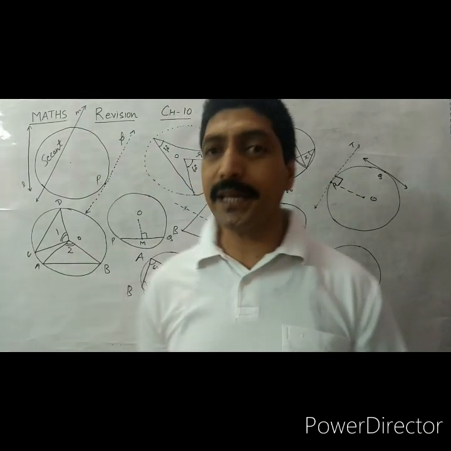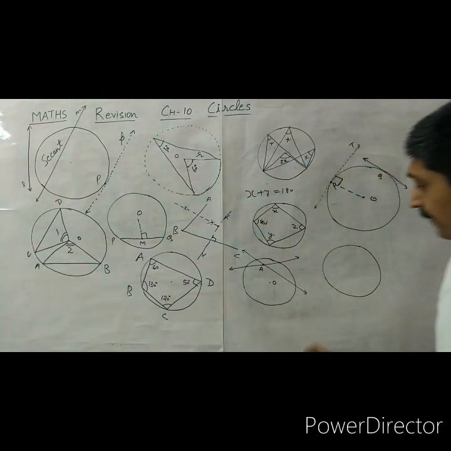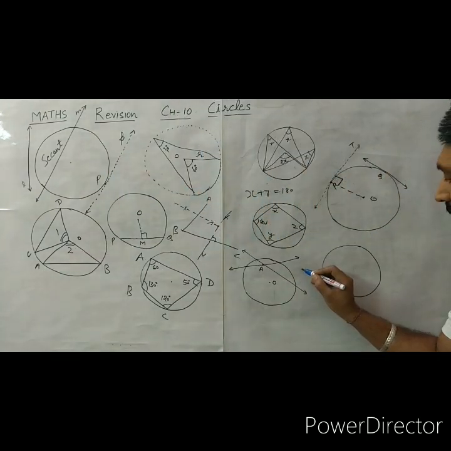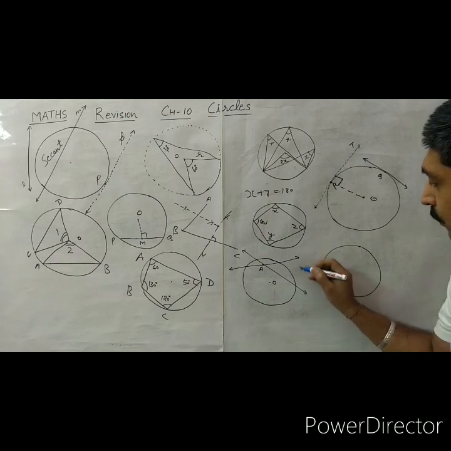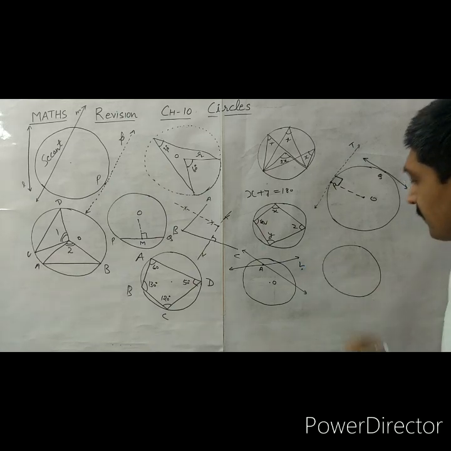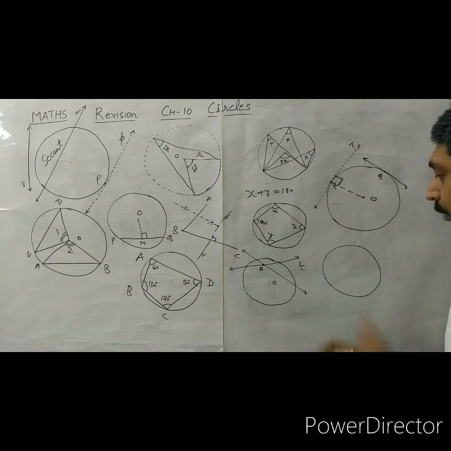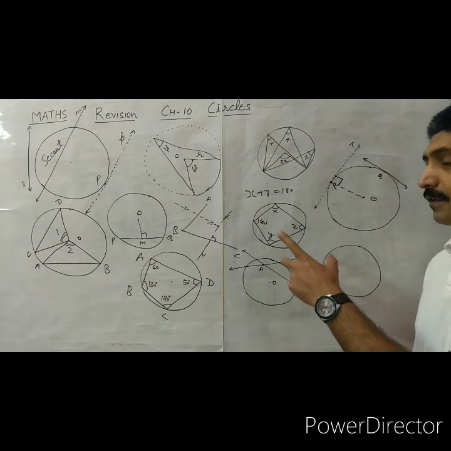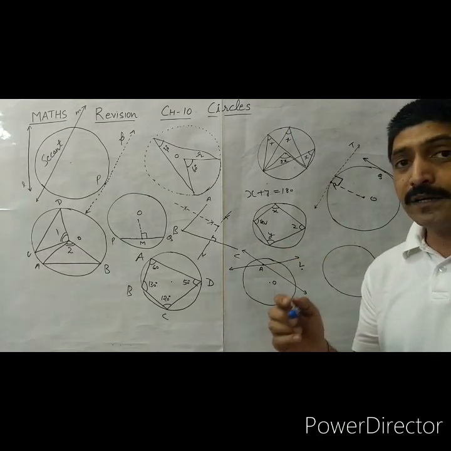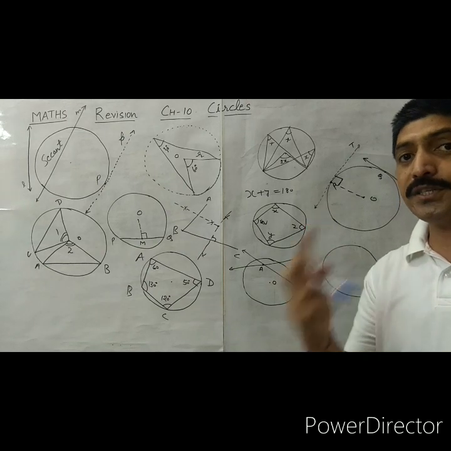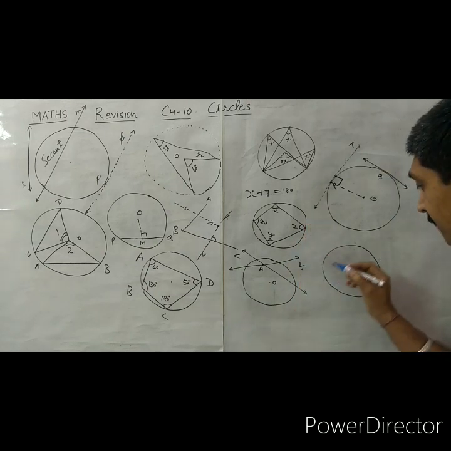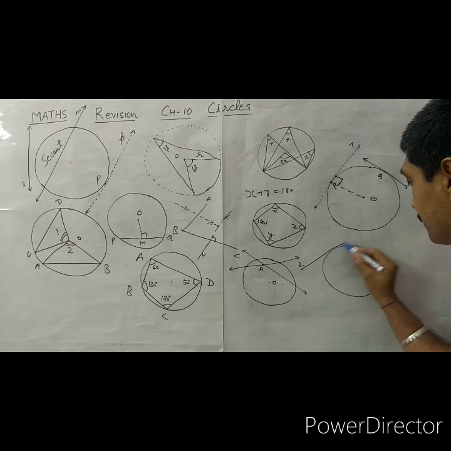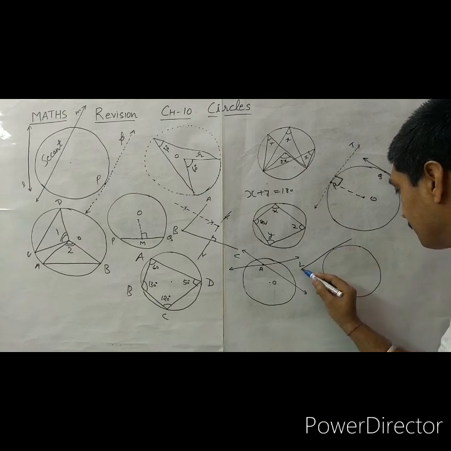Whereas the third case, if any point is outside the circle, let this point be L, from any point outside the circle, we have two fixed tangents to a circle.